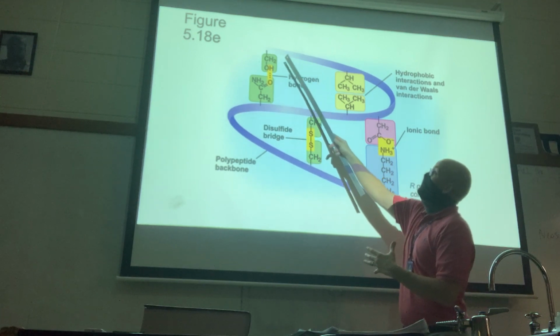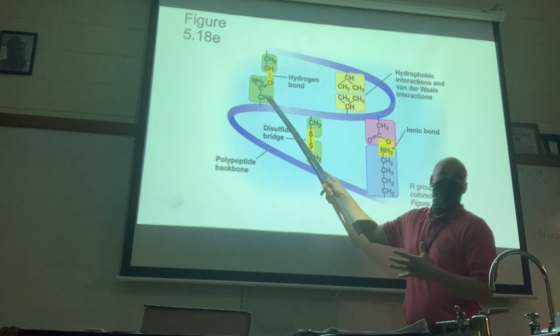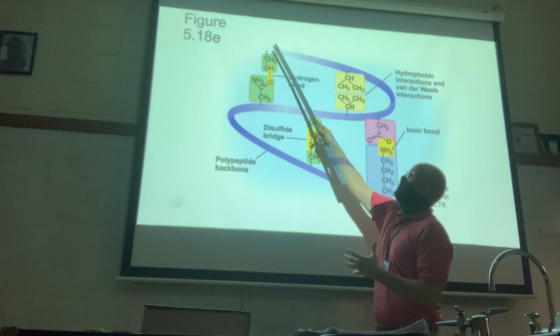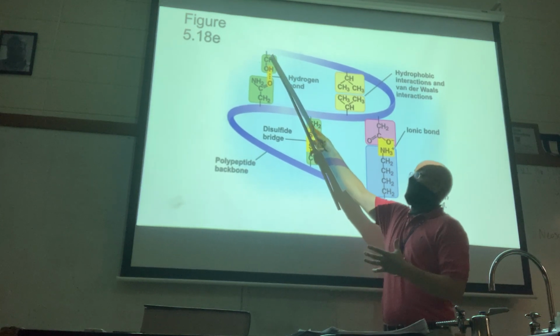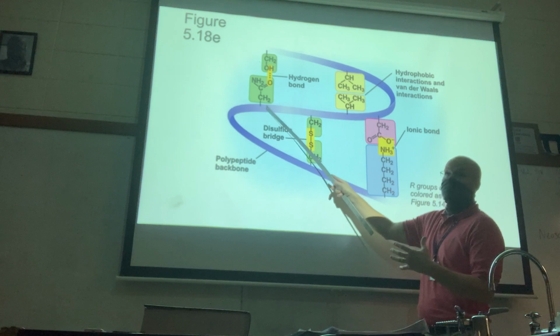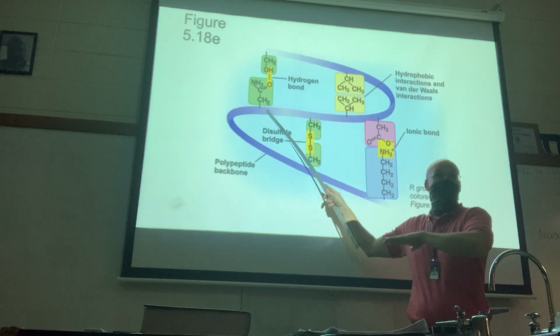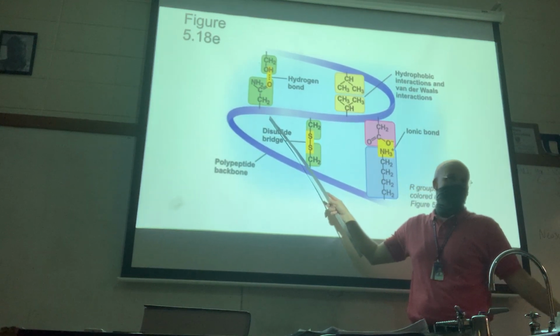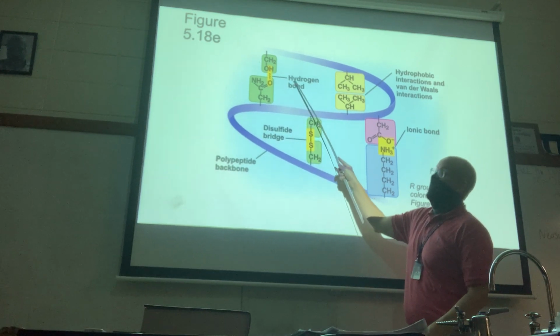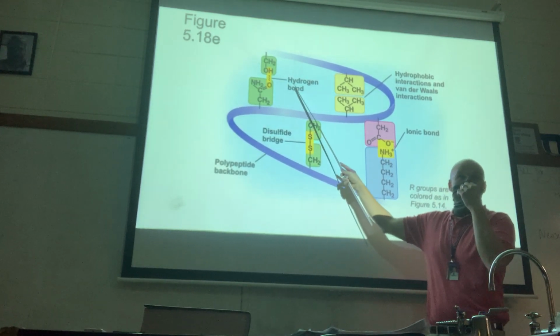But what happens is they can interact with each other. So an amino acid in one part of a chain can actually interact with an amino acid somewhere way down the chain. They might form hydrogen bonds.